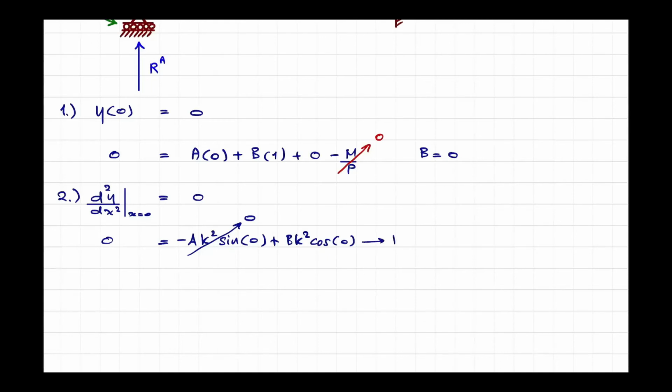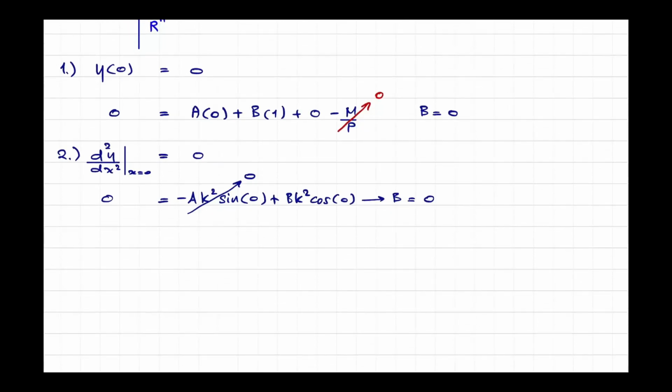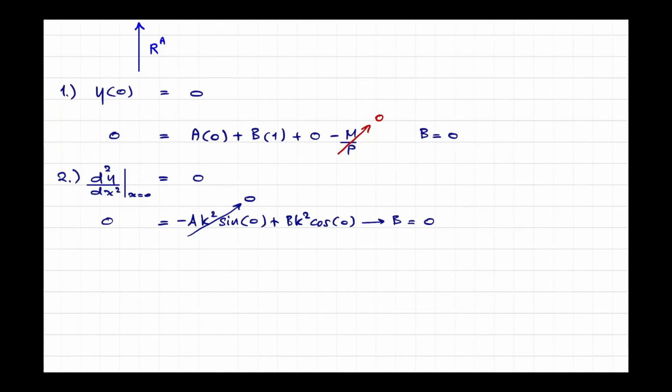So again, you get b equals 0, even without any cheating technique. Or you can say that if b equals 0, M over P has to be 0. But this is pretty nonsense.